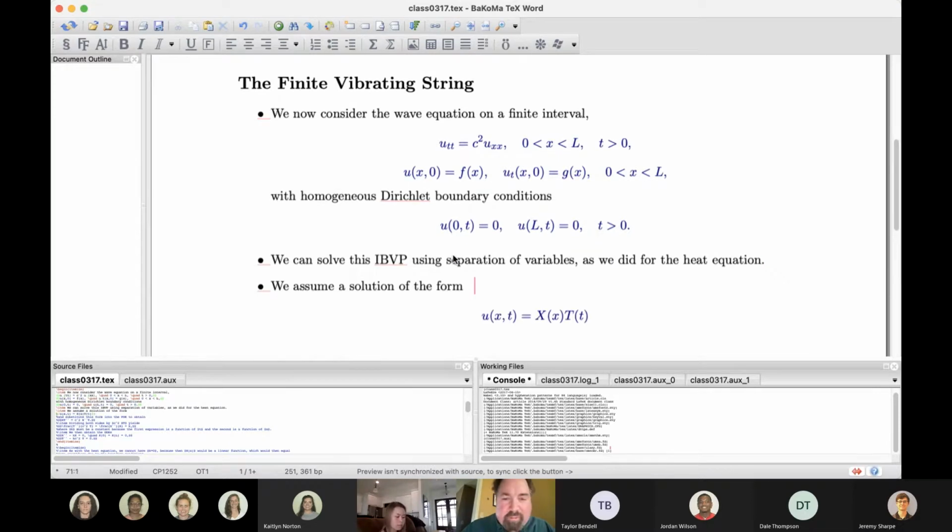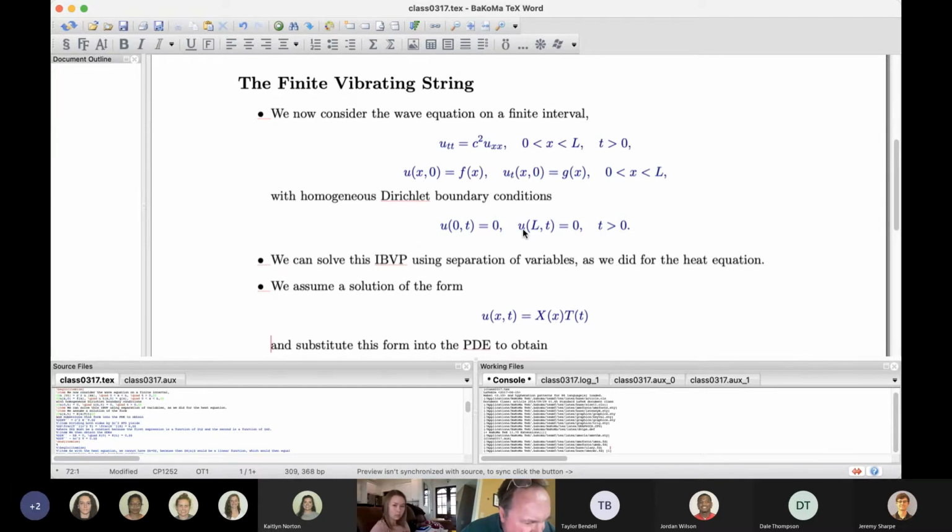So like before in separation of variables, we assume our solution is a product of a function of x and a function of t. Because the PDE is homogeneous, the boundary conditions are homogeneous, and the PDE is linear, if we have several functions of this form, we can add them all up, and it'll still be a solution of the PDE, and it'll still satisfy the boundary conditions.